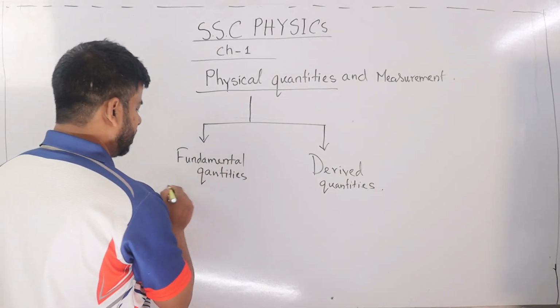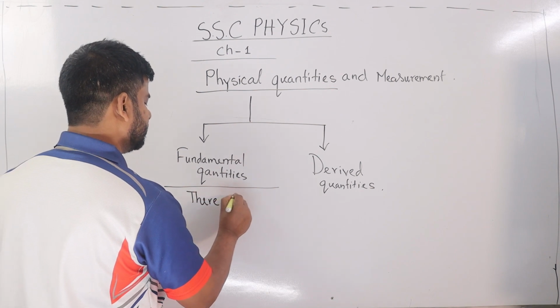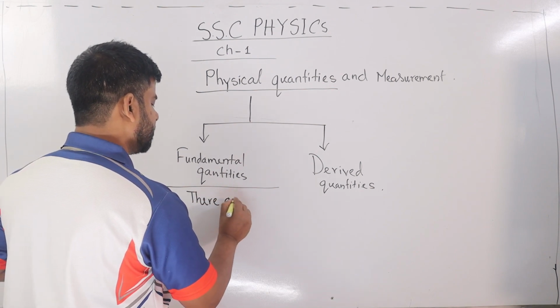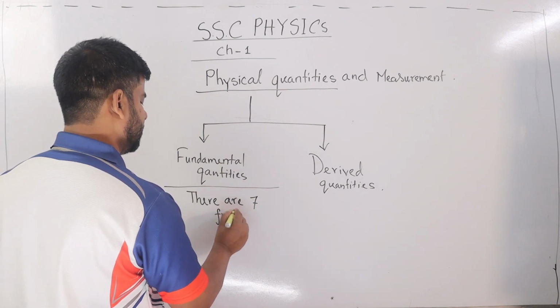In our physical world, there are 7 fundamental quantities.